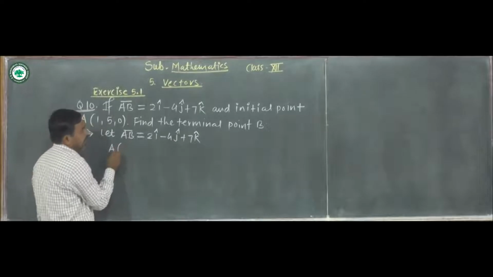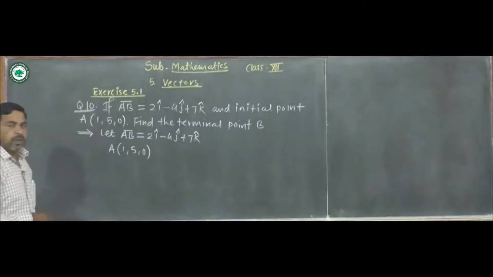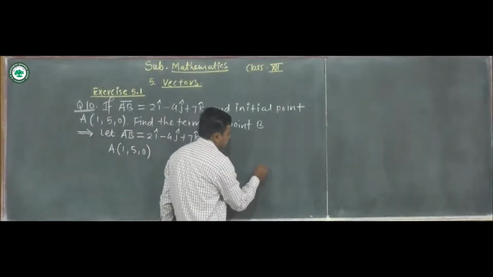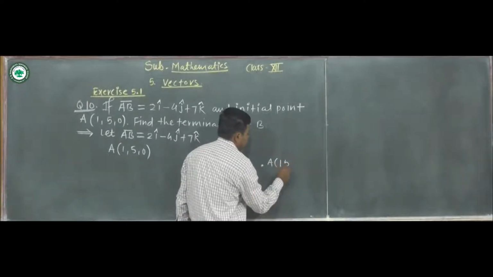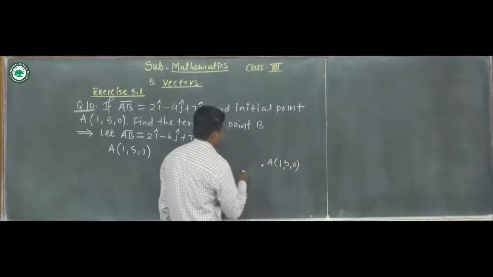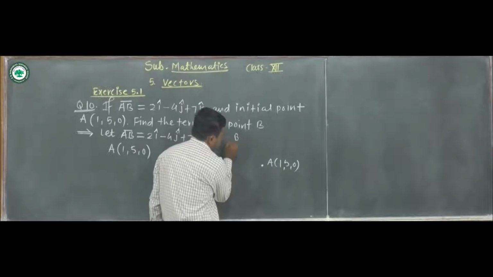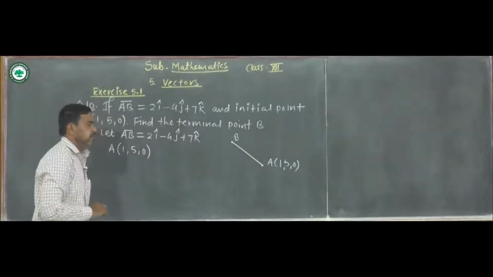Point A is given, that is 1, 5, 0. We have to find out the point B. See, suppose point A is here, whose coordinates are 1, 5, 0, and point B is here. Suppose this point here, the vector along these 2 points is given.